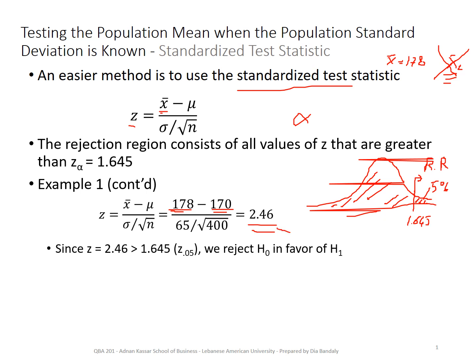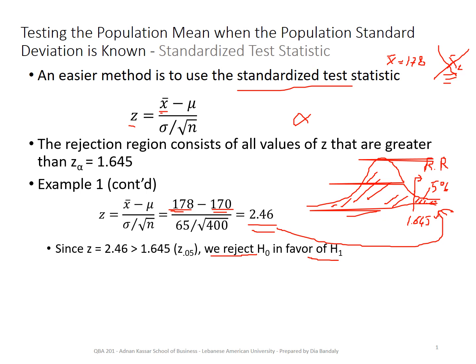2.46, where is it located? 2.46 is here. Okay, it's greater than 1.645. It's inside the rejection region, right? So we reject H0, and we reject H0 in favor, of course, of the alternative hypothesis, which is H1. All right.